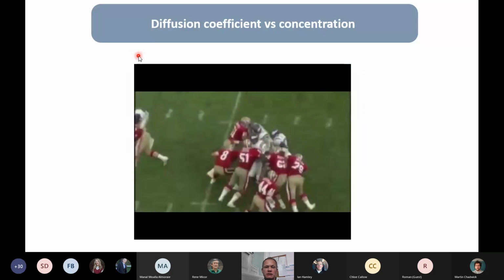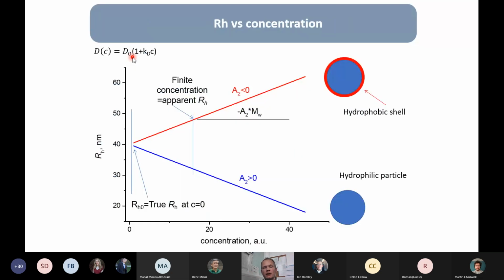This happens because if there are so many particles together in solution, they will start bothering each other. So their diffusion is not the diffusion of a single molecule, a single protein, but they bother each other, and their diffusion coefficient will be changed, right?